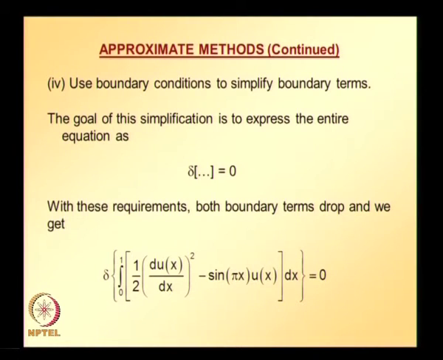We can use some of these so-called energy methods without going through all these steps, that is, step 1 to step 4 can be avoided by writing the equivalent variational functional using potential energy principles, if you know how to get the potential energy functional based on energy methods. So, we can directly use that instead of going through all this process.